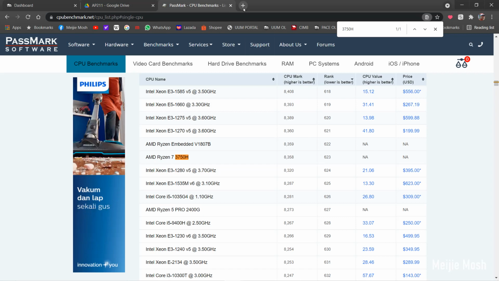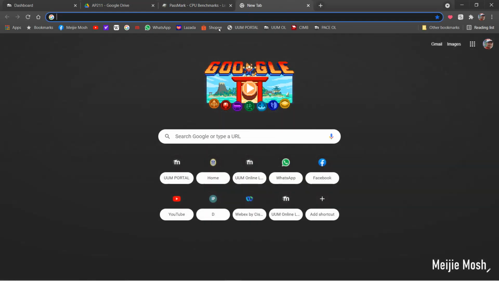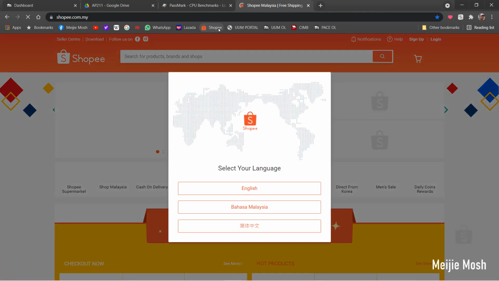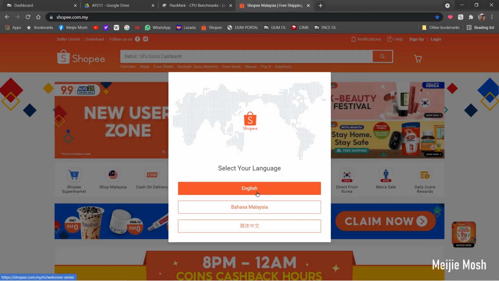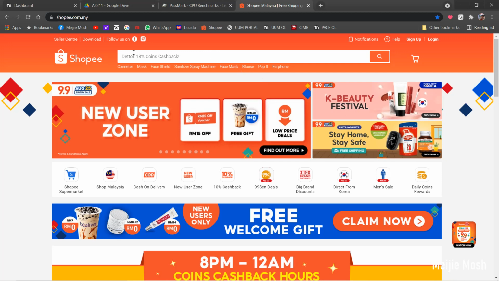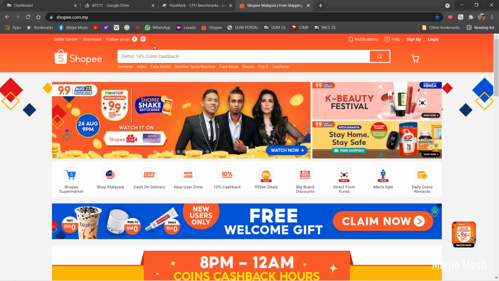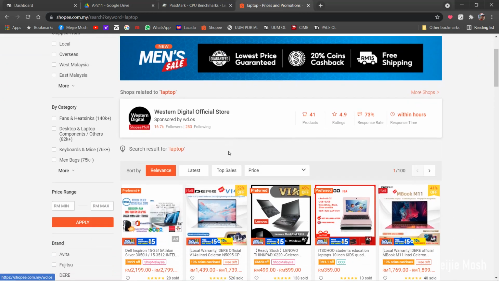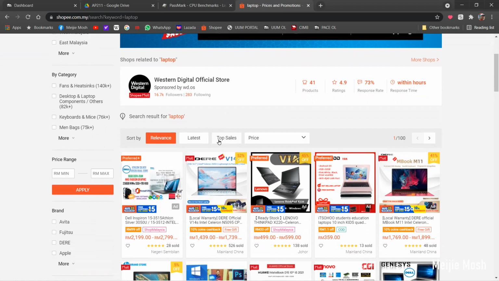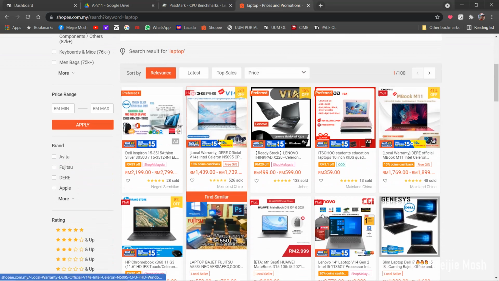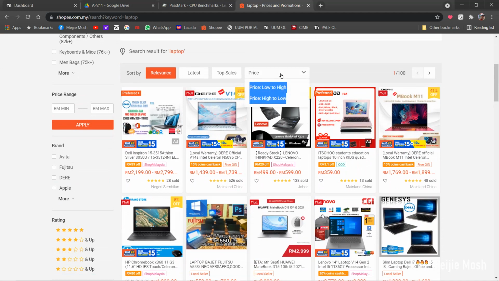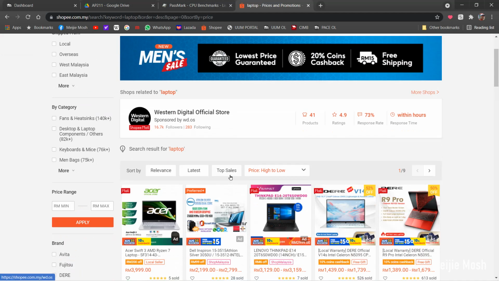So for example, if you want to buy a computer, we take a look at Shopee here. Let's say you want to buy a new laptop or notebook. Let's sort by price, high to low, and take the expensive one.